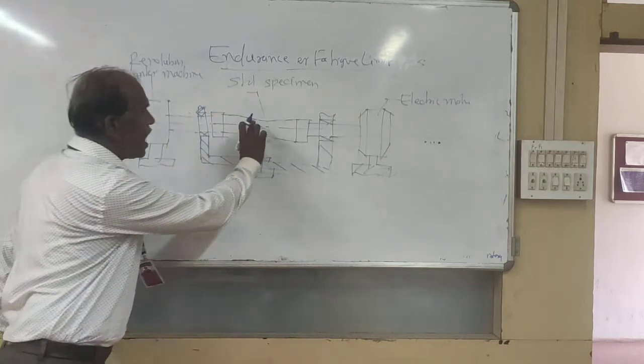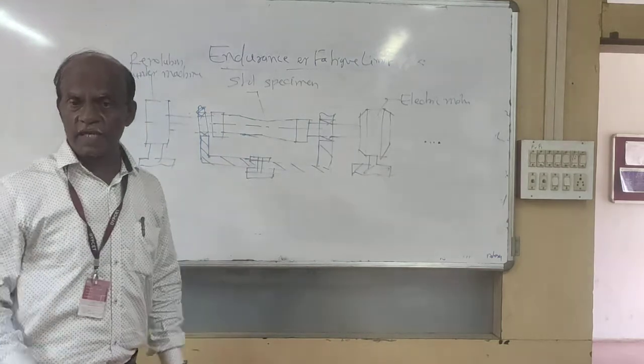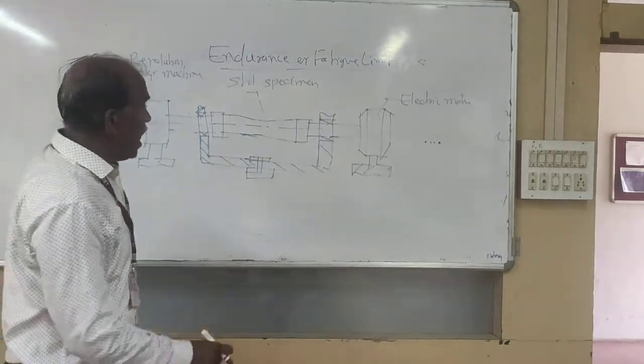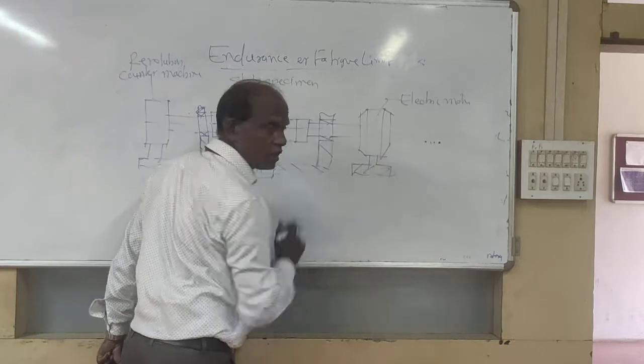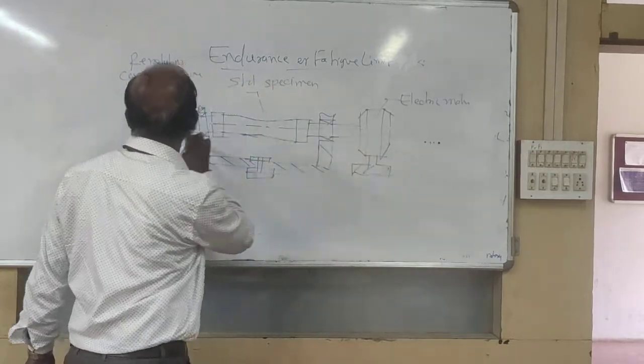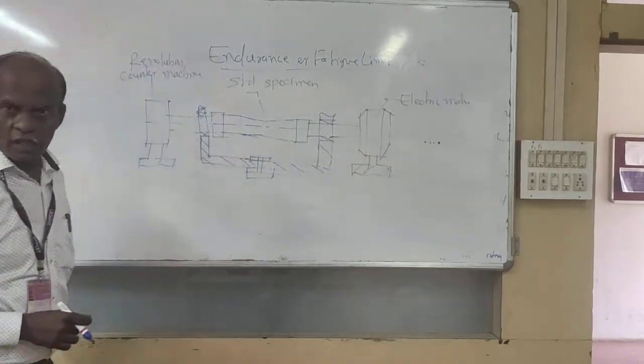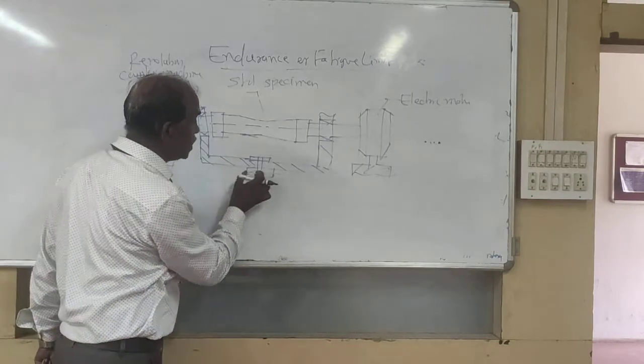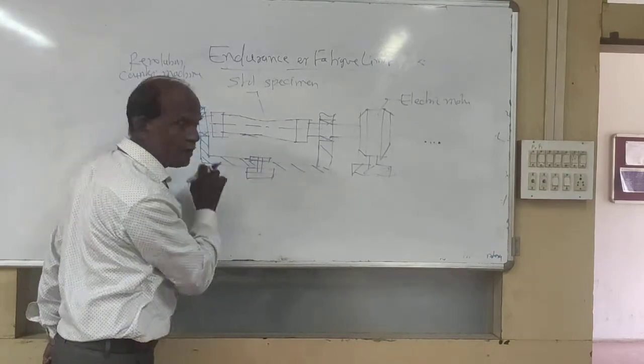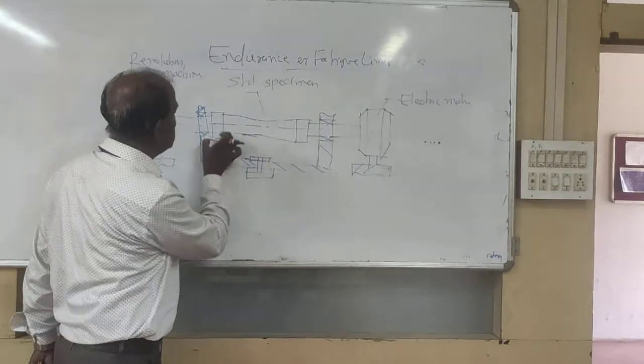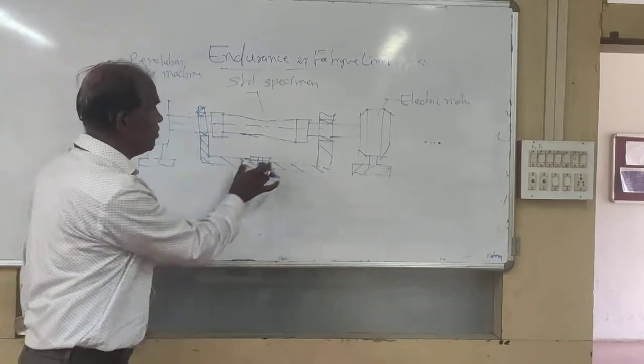The standard, high polished surface bar of standard size is taken, and it is driven by the electric motor, and the number of revolutions is measured by the revolution counter. Initially the load is attached at this pad, and it is assumed that it is loaded centrally.